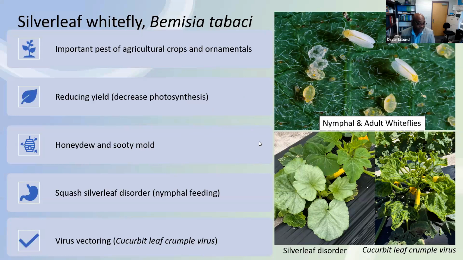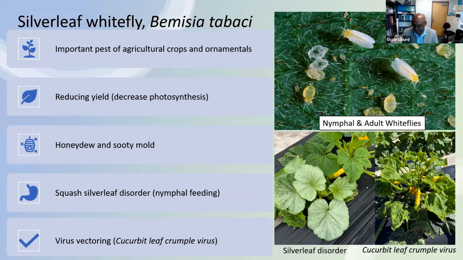This virus was actually first recorded in Florida in my lab. I had a graduate student back in 2007, and she just accidentally went to the field, and she was sampling, and she saw all these leaves with this crumbling appearance, so she wanted to know what it was.